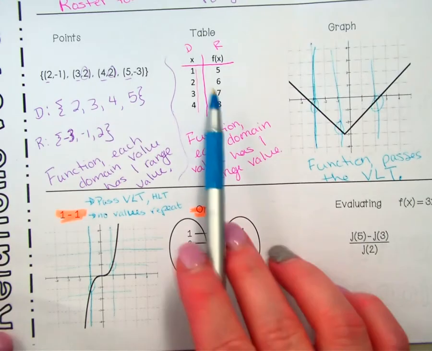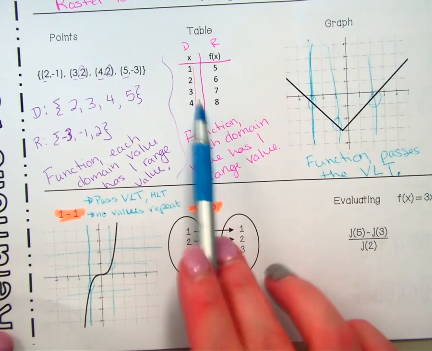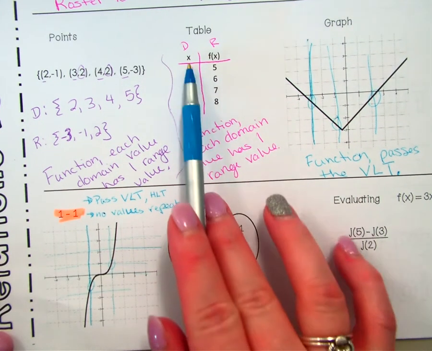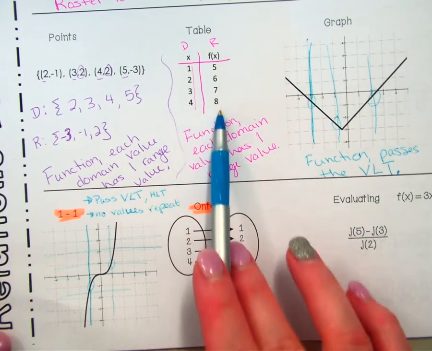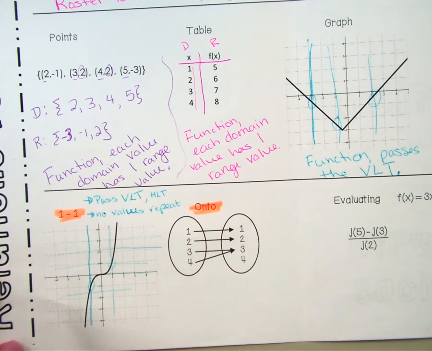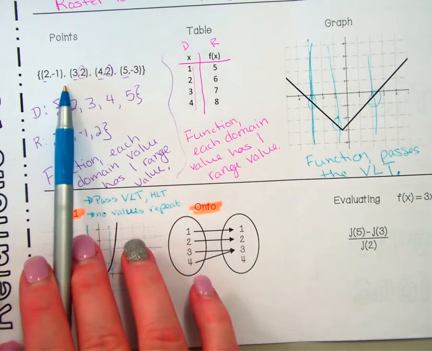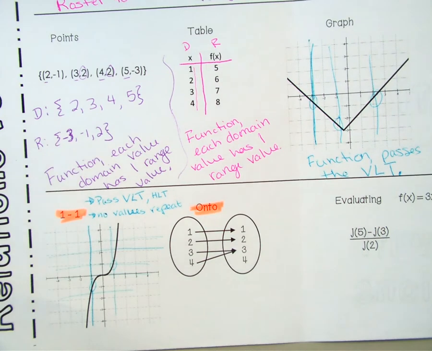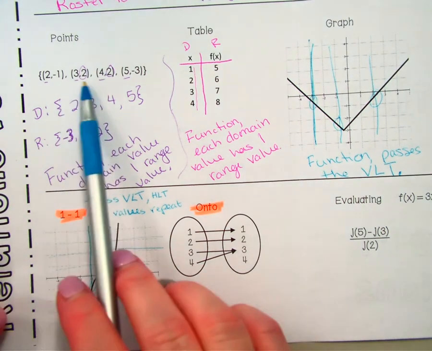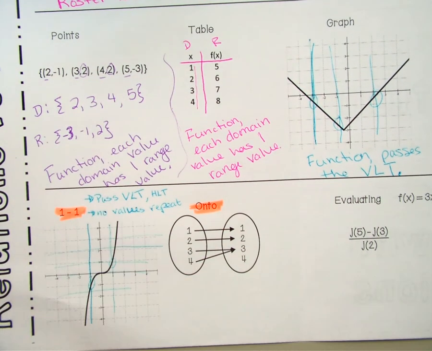For example, this table right here is a one-to-one function because our domain does not repeat, our range does not repeat. However, my set of points here is not one-to-one because this range value of 2 is repeated. So that's just a function. It's not a one-to-one function.